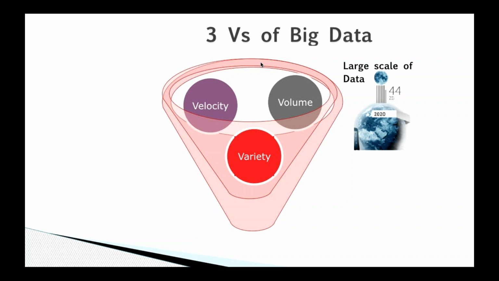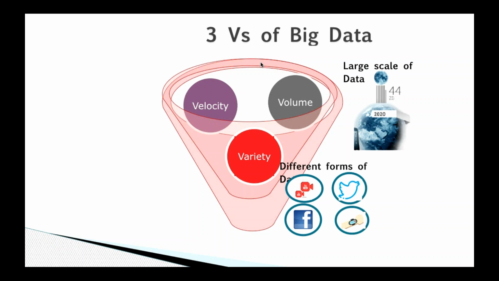Volume, we just talked about, is the huge amount of data we're going to generate, 44 zettabytes by the end of 2020. And variety means we have different forms of data. We have data in the form of tweets, videos, Facebook, sensor data. The data is now not only structured. Earlier we were dealing with only structured data.